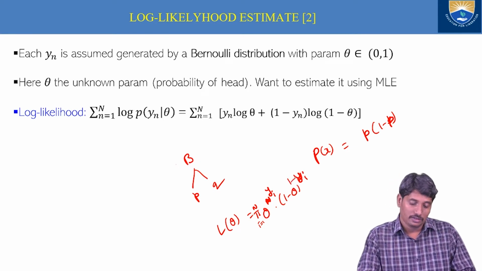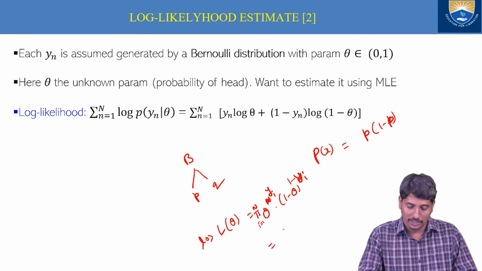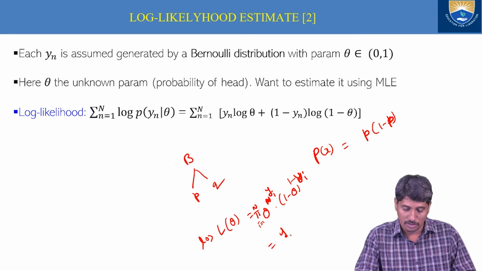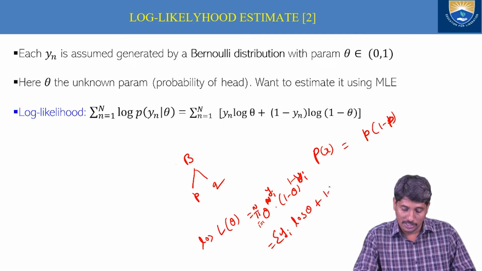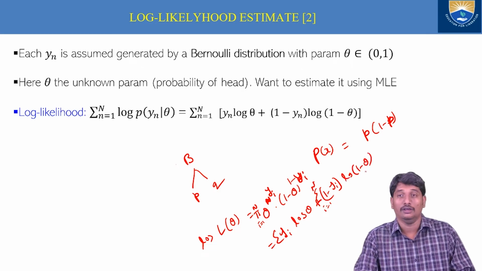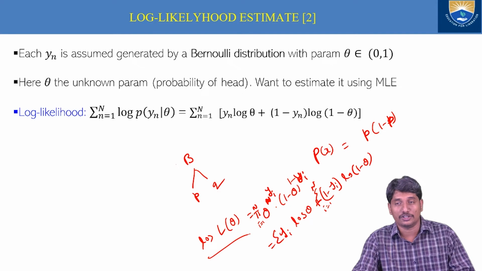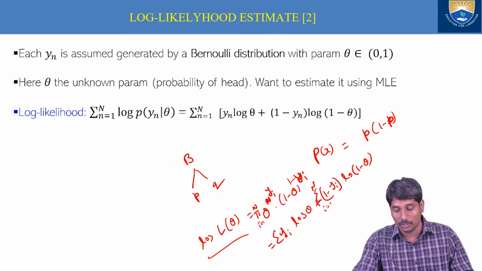Then when we apply logarithm, automatically it becomes summation of yi into log theta plus summation of 1 minus yi into log of 1 minus theta, i equal to 1 to n. So this is the log likelihood function of the Bernoulli distribution with n independent Bernoulli random variables, namely y1, y2, yn.